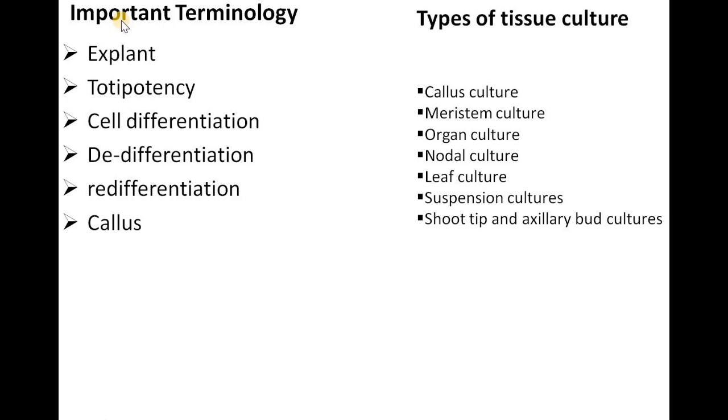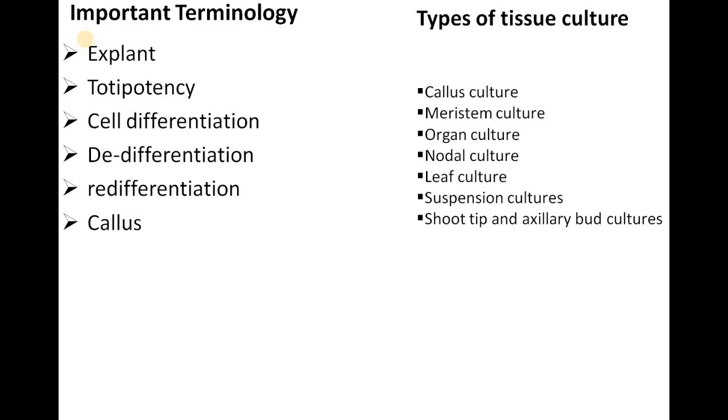Let us have a look at the important terminology involved in plant tissue culture. Explant. Explant is the initial material collected from the parent plant for initiating a tissue culture process. Totipotency is the ability of a plant cell to regenerate into a whole or complete organism.